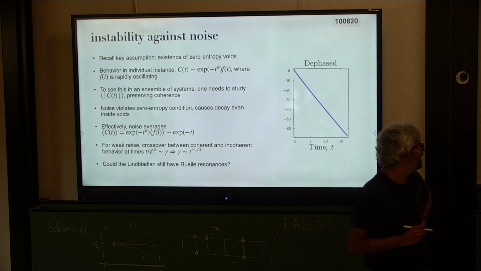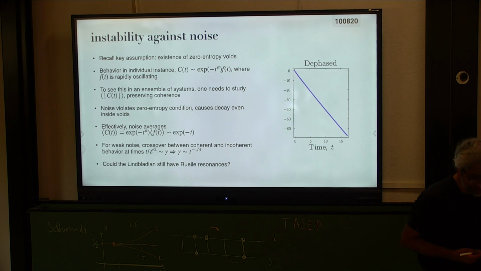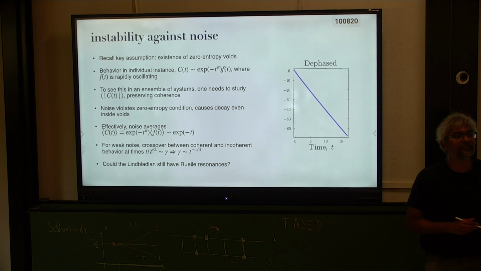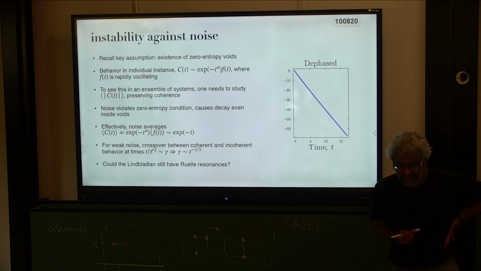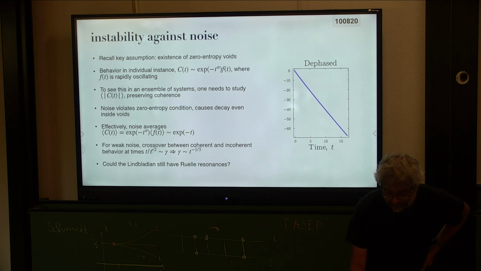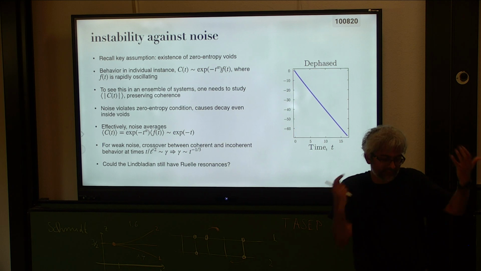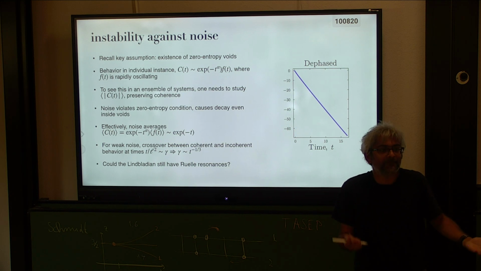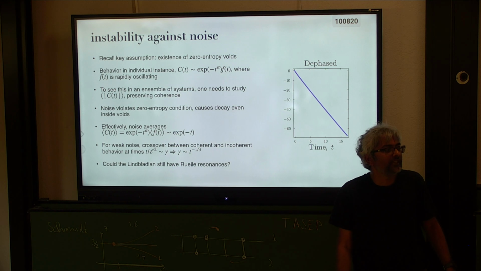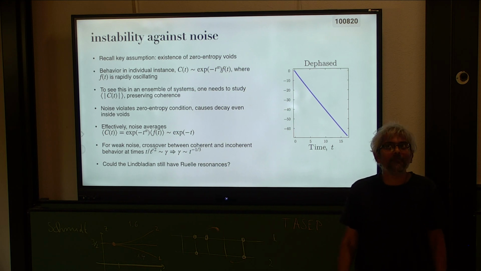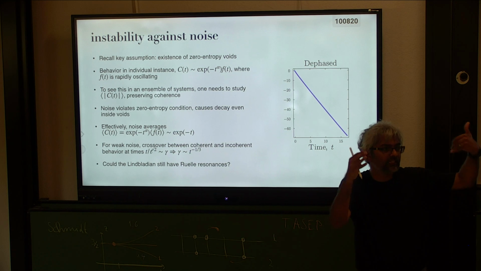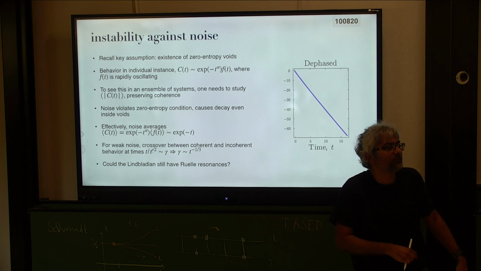I had just one more key thing to say, which is that the moment you put in noise, this entire structure breaks down. The reason is that what I was talking about was the size of the correlation function. But the correlation function is also picking up phases as it evolves, because it's a charged operator. It's oscillating wildly, in a way that if you average it over a big time window, it's going to decay exponentially.